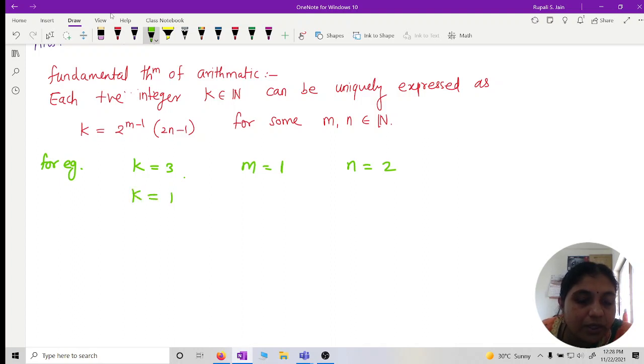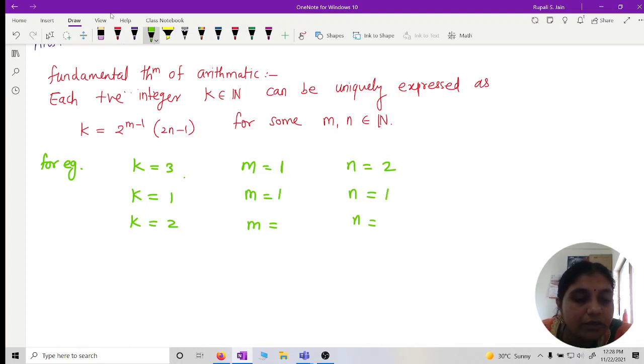If k is equal to 1, what is m and n? m is 1 and n is 1, right?